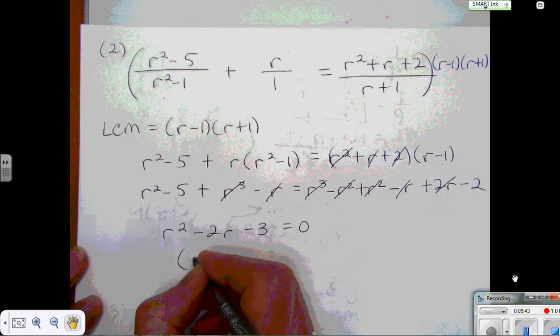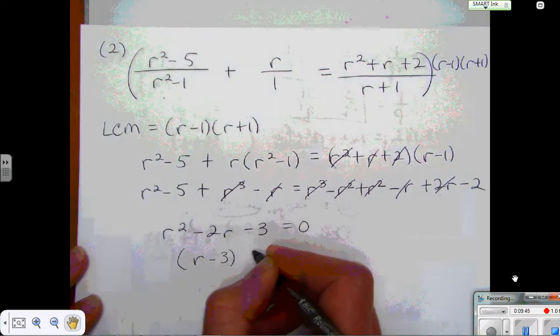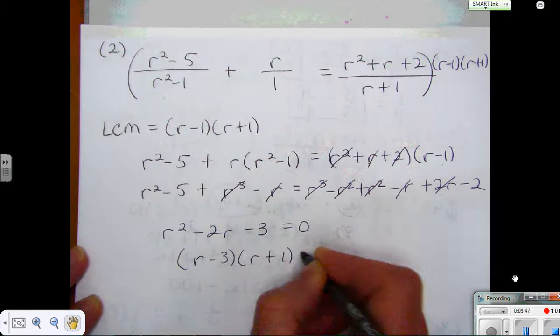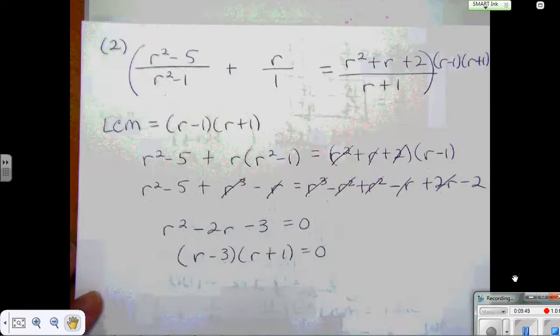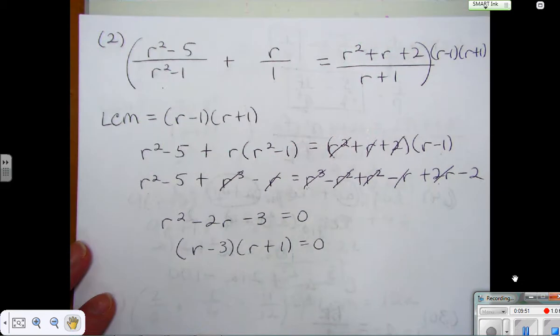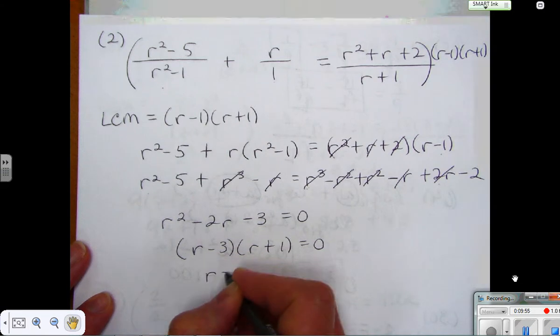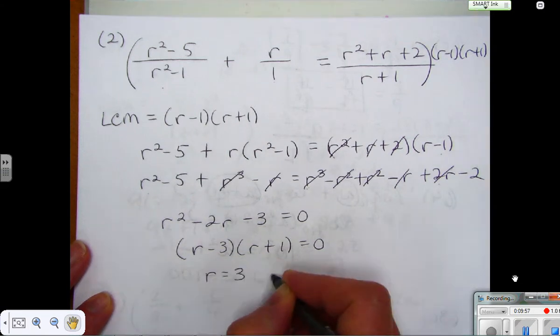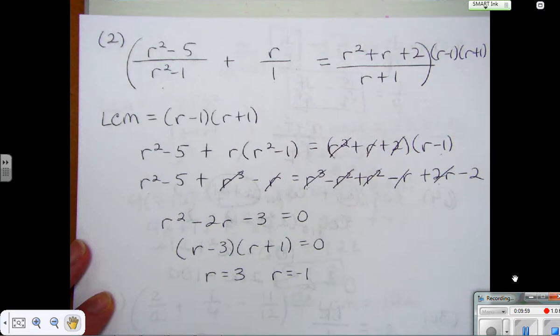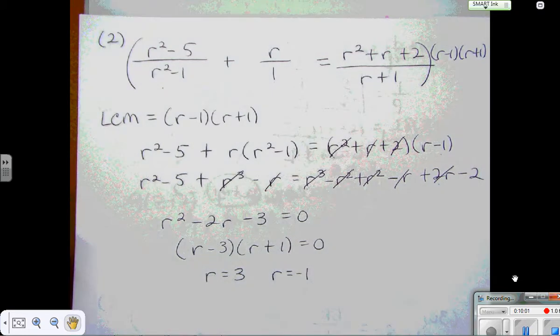It's going to factor to R minus 3 and R plus 1. So when I set each of those factors equal to 0, I get R equals 3 and R equals negative 1. Okay, but I need to think about my restrictions.